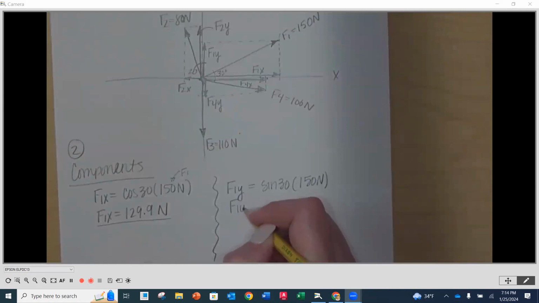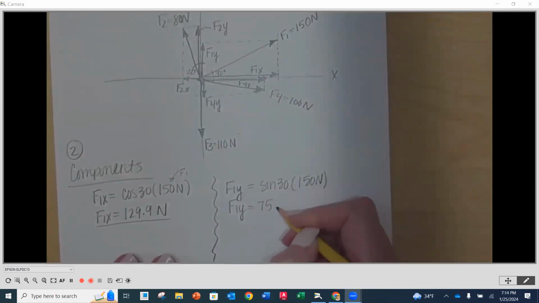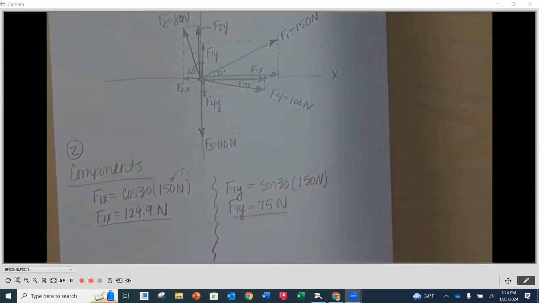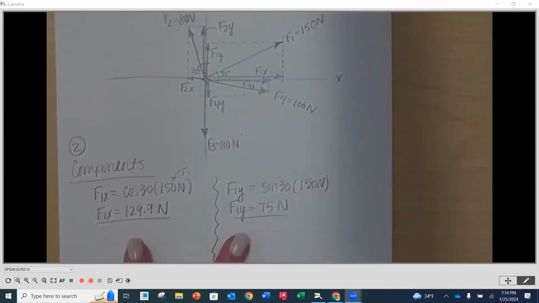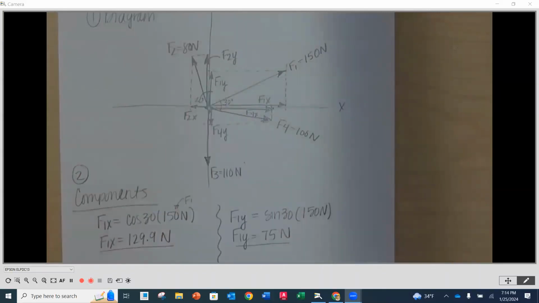So my F1Y should be 75. That makes sense because the sine of 30 is 0.5. And so 75 newtons for my F1Y component. Now, if I'm seeing F1Y down here, I better see it somewhere up in your diagram, identified and labeled.